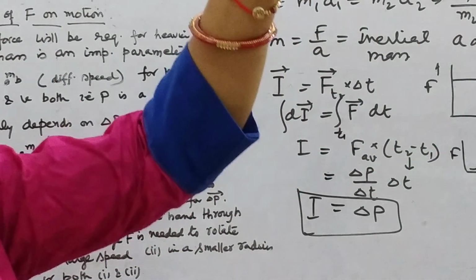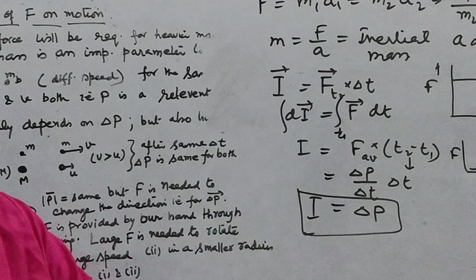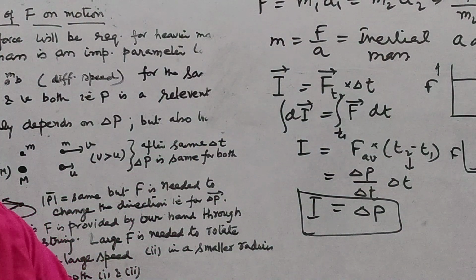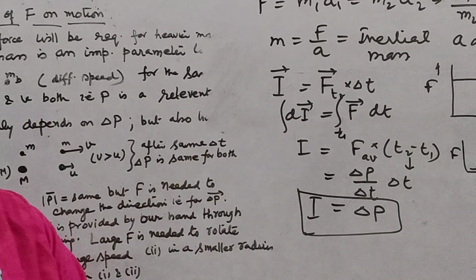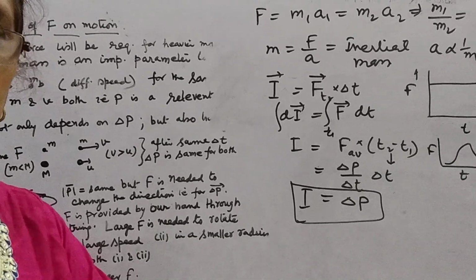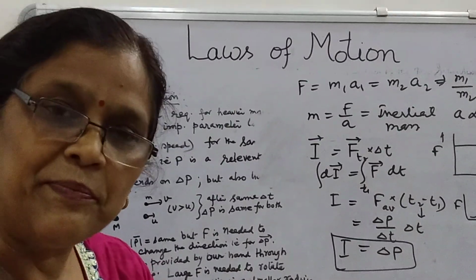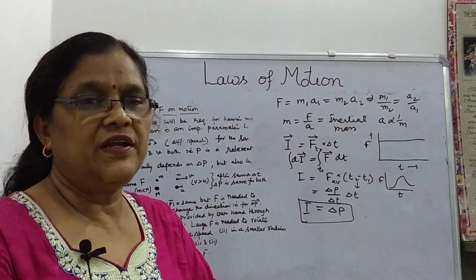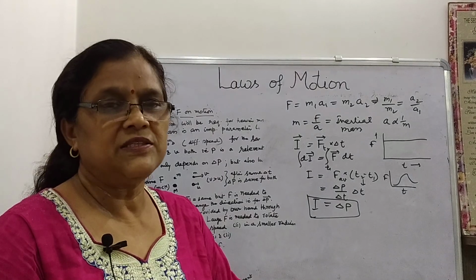Suppose two objects are falling on the floor. On a cemented floor, which will not be pressed, the reaction will be larger. If they fall on a heap of sand, the reaction will be lesser because the sand will be depressed, so the force applied to the object will be lesser.